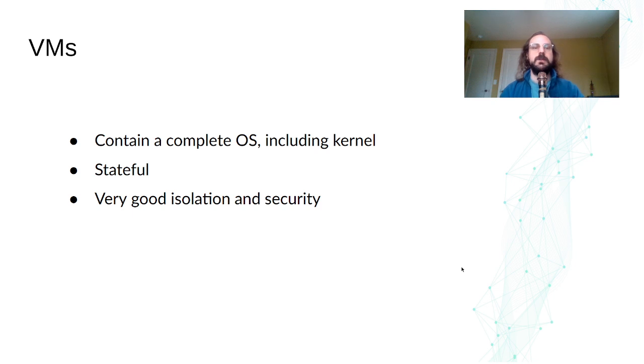Now, VMs contain a complete operating system, including the kernel we discussed before. They are stateful, so we expect any changes we make inside of the root file system of the VM to persist if the VM happens to reboot or the hardware it's running on happens to reboot. And VMs are known for providing very good isolation and security because each VM has its own kernel.